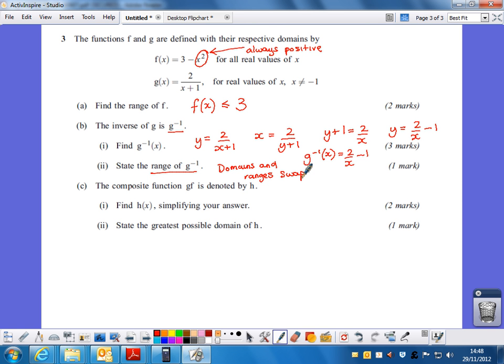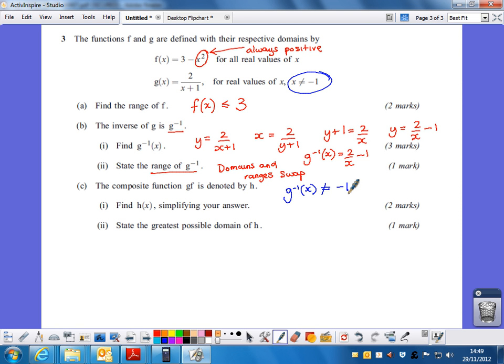So the range of g to the minus 1 is the same as the domain of g. This information is given in the question, and I'll just highlight that in blue. So when writing down the range of g to the minus 1, we would write down that g to the minus 1 of x cannot be minus 1.